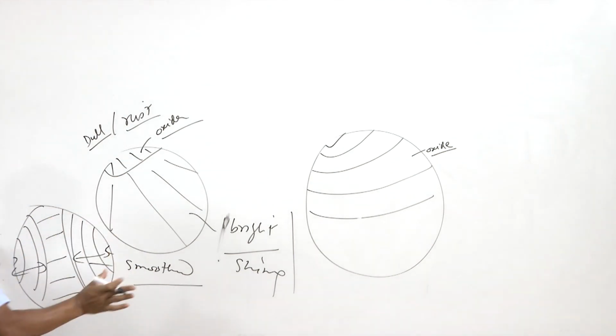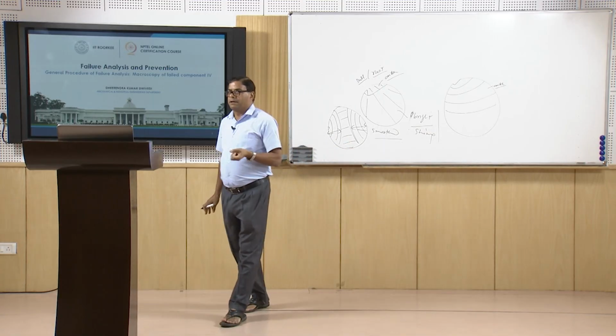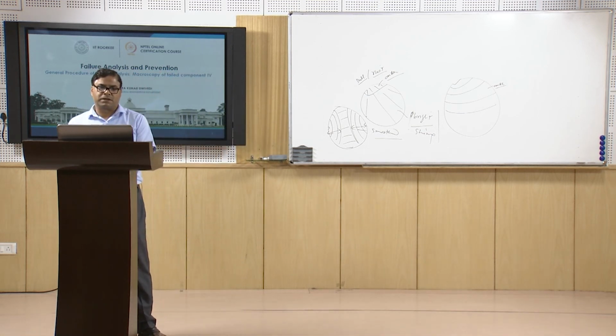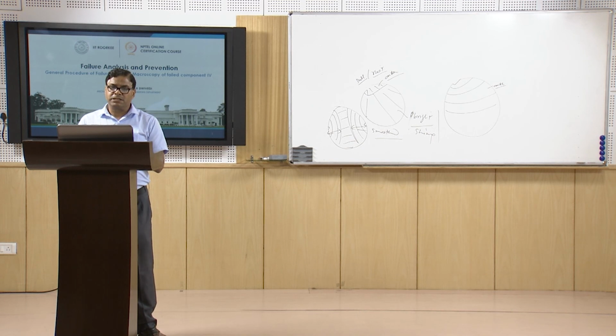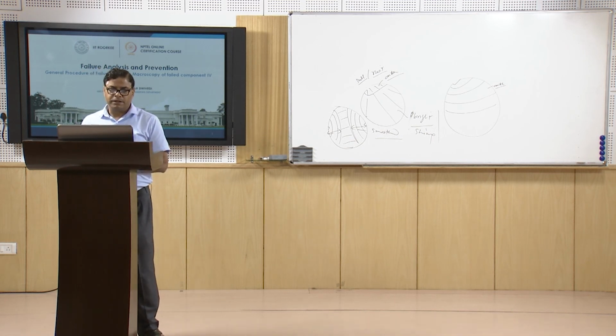So, smoother surfaces at the side and at the center region we may get the rougher surface. A combination of both, smooth plus rough region in the direction of the crack growth, can be observed under the fatigue load or cyclic load conditions.